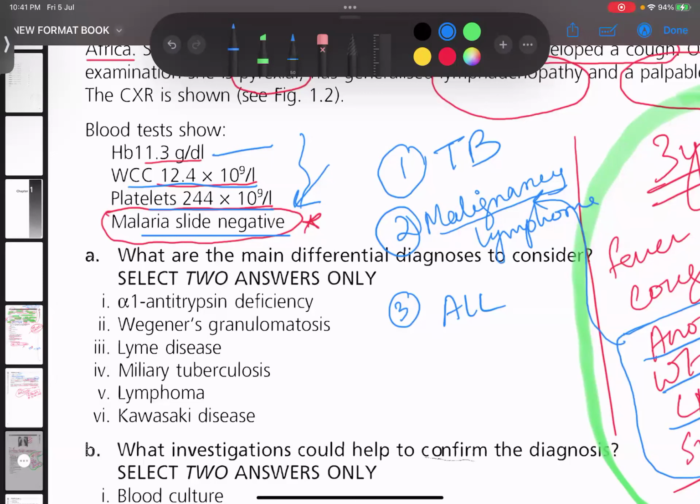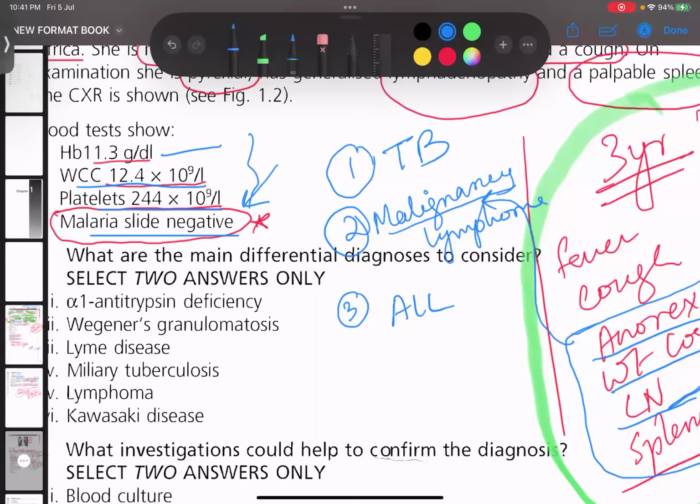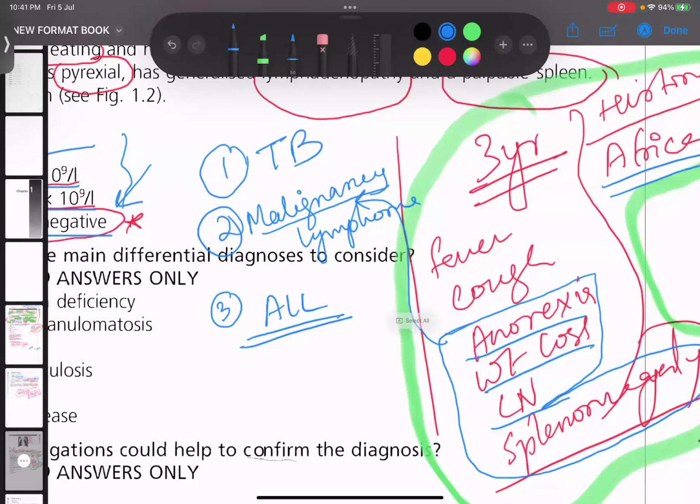Also, they did not mention the presence of blast cells. But yes, clinically 100% we have to consider ALL in any child less than 5 years coming to us with anorexia, weight loss, and lymphadenopathy. There is also organomegaly. So we have two differentials. Does anyone else have any differentials we can discuss together?